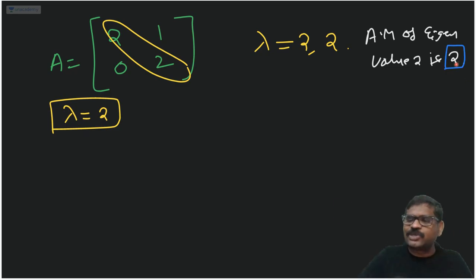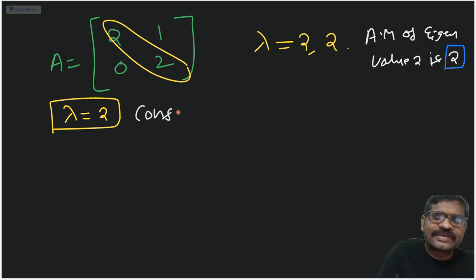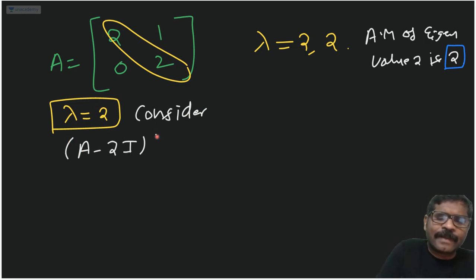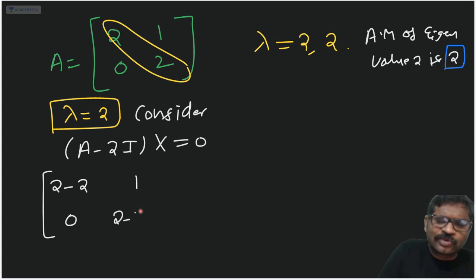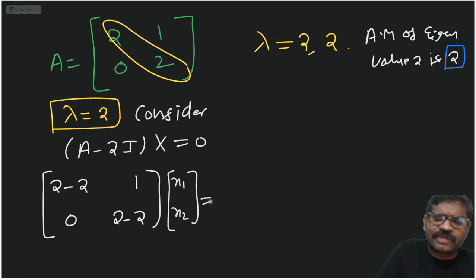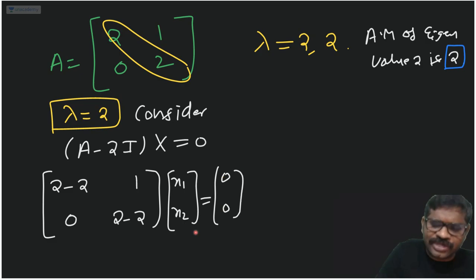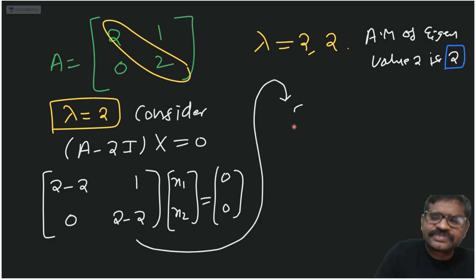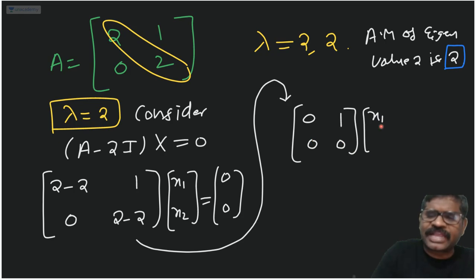Sir, what about GM? I am going to find out. Consider (A minus 2I)x equal to 0. That gives the matrix 0, 1, 0, 0 multiplied with x1, x2 equal to 0, 0.